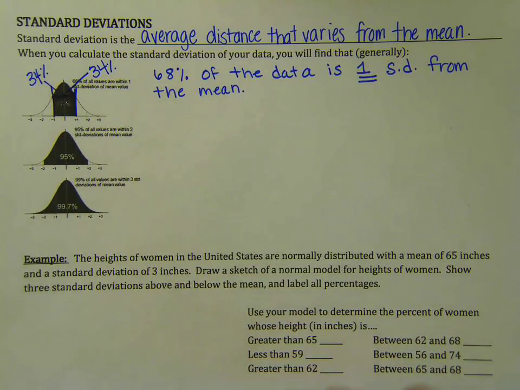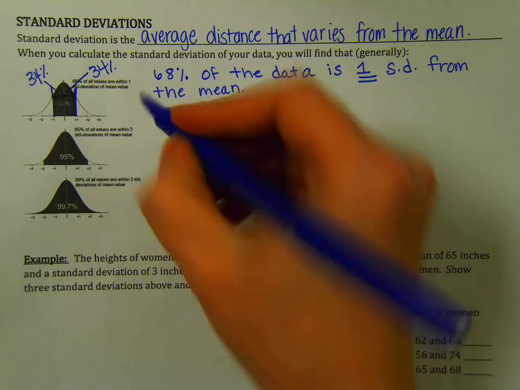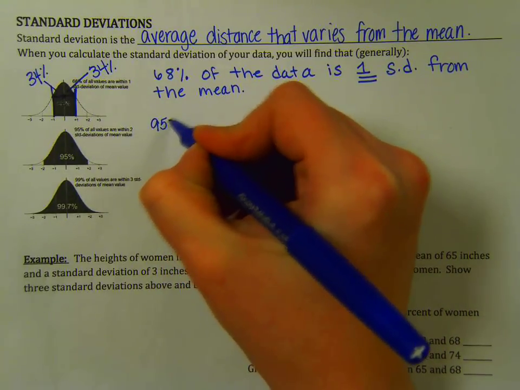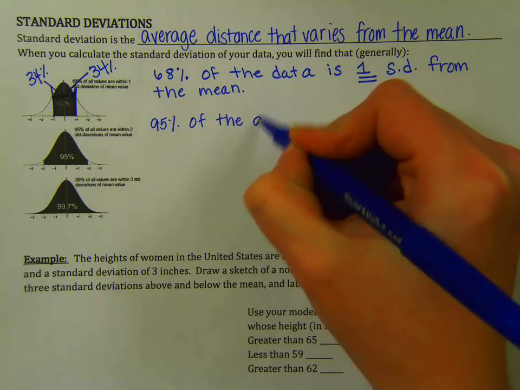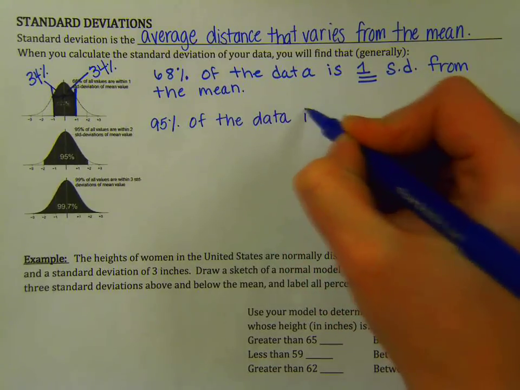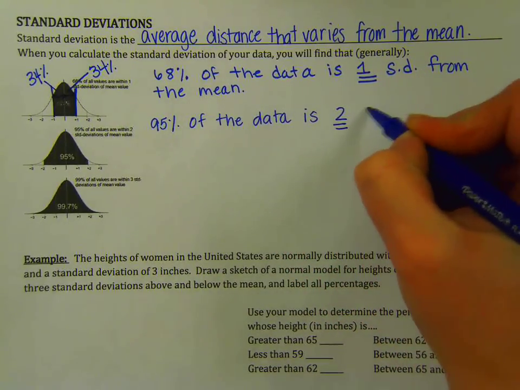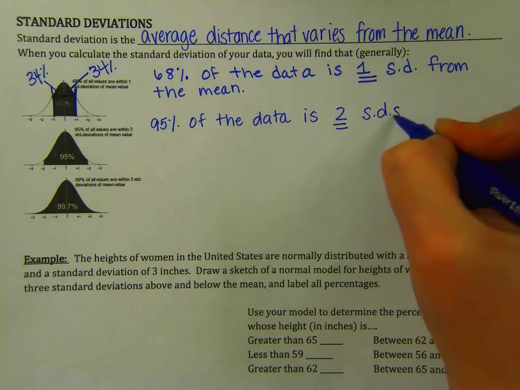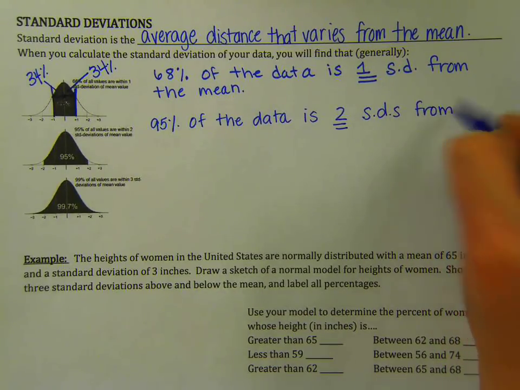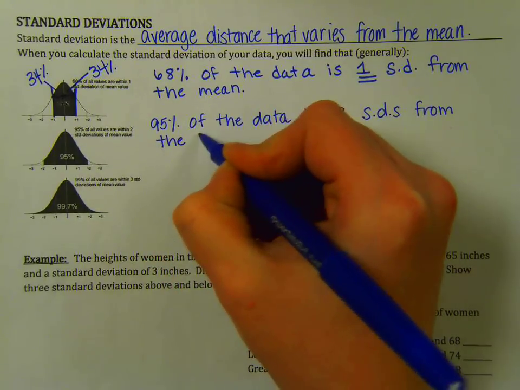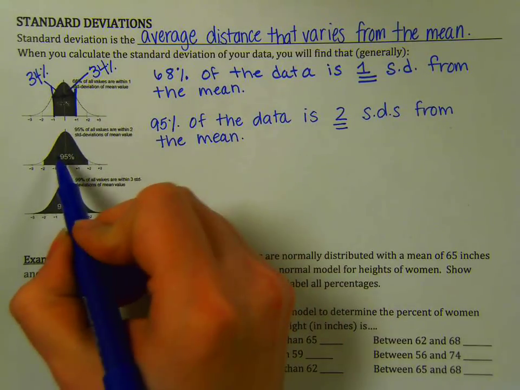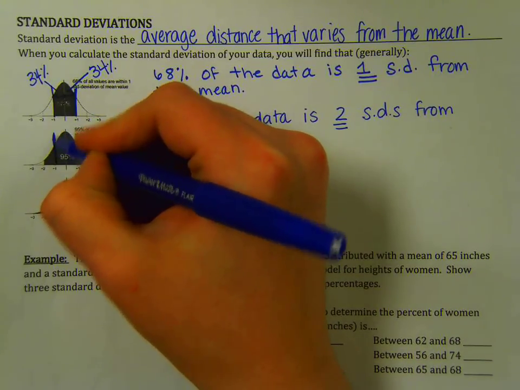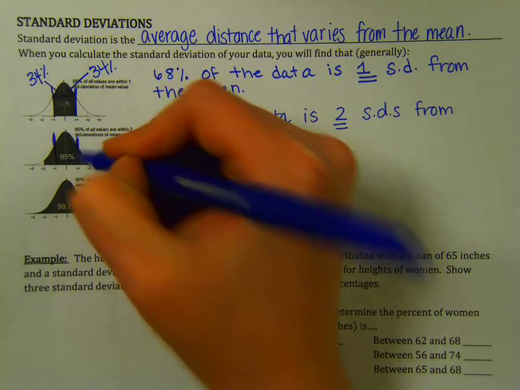Now the second one, we have 95% of all the values. So 95% of the data is 2 standard deviations from the mean. Well, what does that mean? We already know the center one, so right in between here, this is 68 altogether.